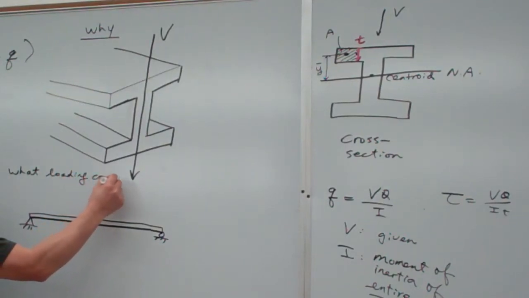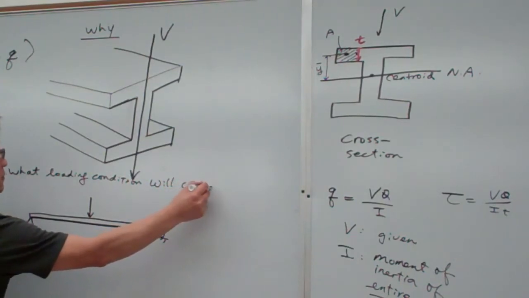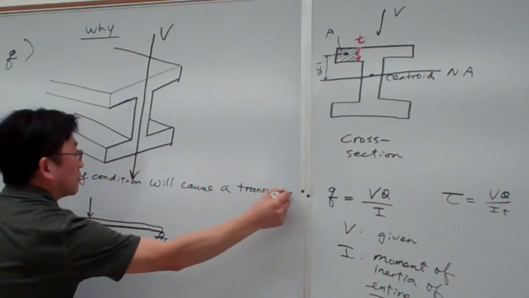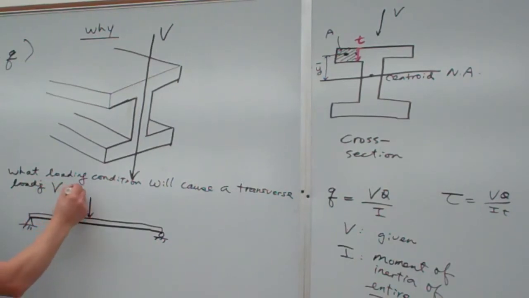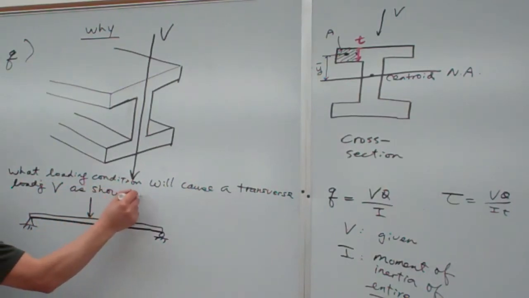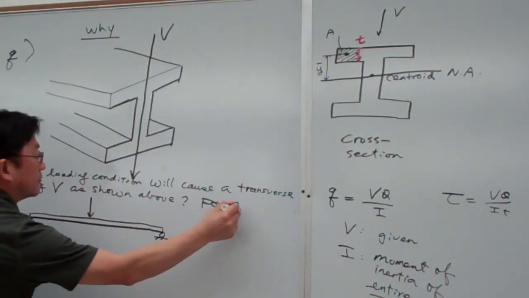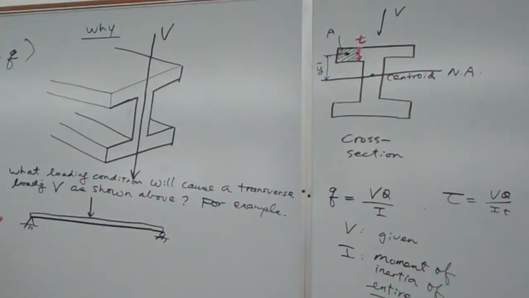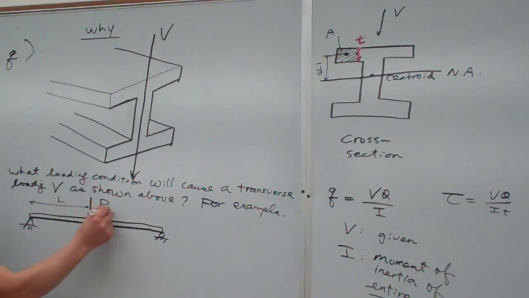What loading conditions will cause transverse loading V as shown above? For example, we see this one. So for example, here we have a loading P applied at the middle of the beam. Say here is L and here is L.